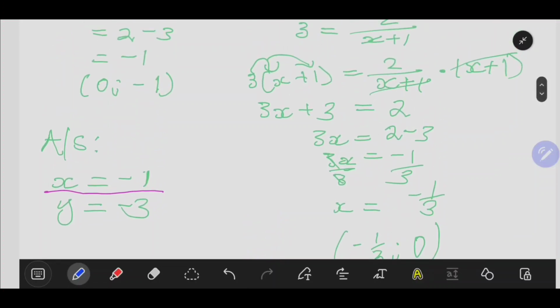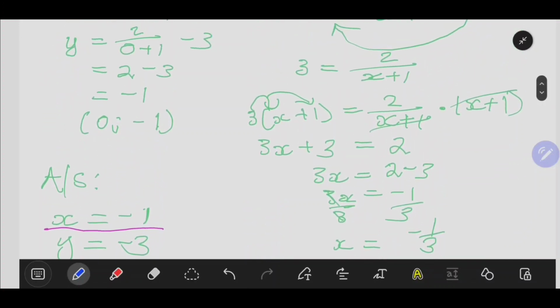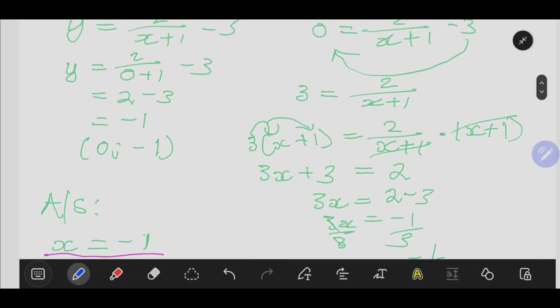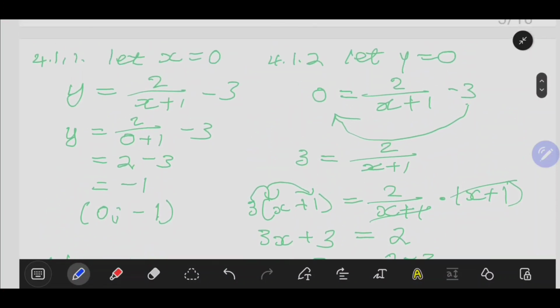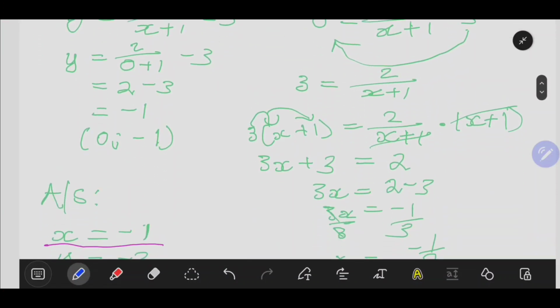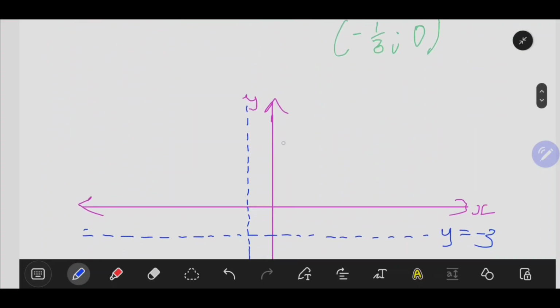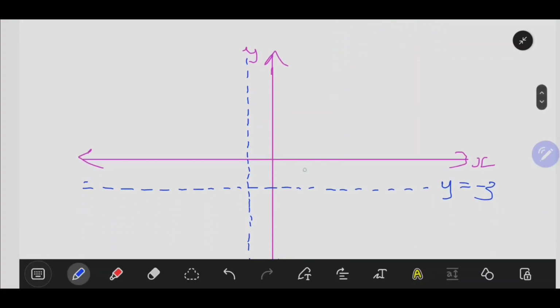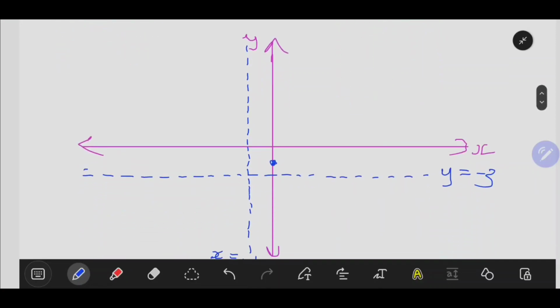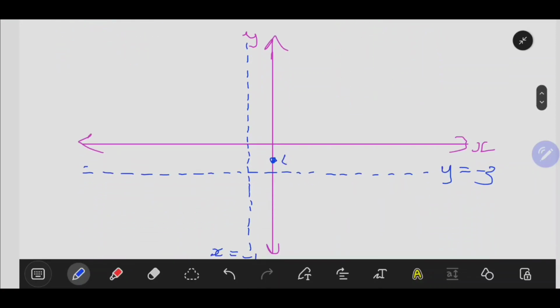All right, then we can now plot our points. We have our y-intercept as (0, -1). So this is (0, -1). When x is 0, then our y value is -1. It can be a point around here, and then this is the point (0, -1).